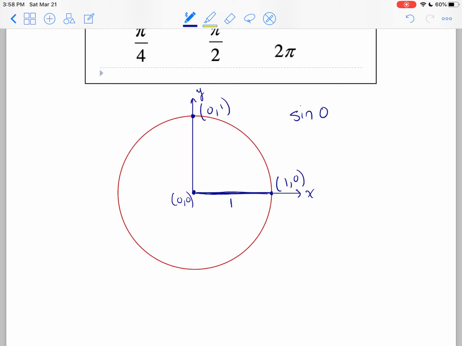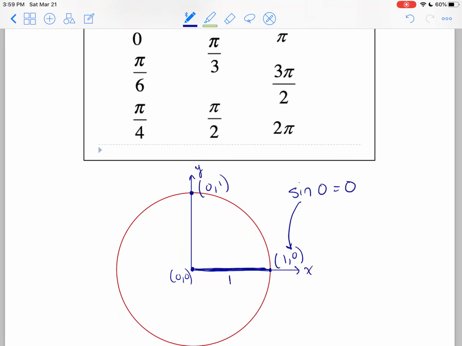No angle at all is actually the x-axis. So where am I on the circle when there is no angle at all? Well, my y-coordinate is 0. What's the y-coordinate of the point on the circle when I haven't created any angle at all? Okay? So sine of 0 is 0.